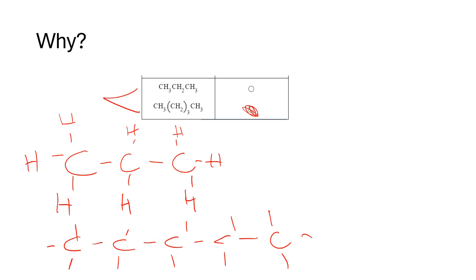The reason why it has more dispersion forces is because it's a larger compound, therefore more electrons exist, more protons exist, and therefore the amount of dispersion forces, meaning that small amount of time where the electrons from one are attracted to the protons of the other, or vice versa, there's more of that.